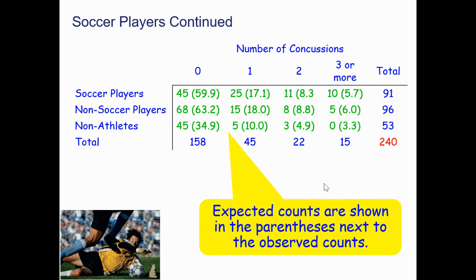Okay, so we've calculated expected counts. I'm going to save us some time. Last period I had us all calculate these, but I'm going to save us some time and not make us calculate all the expected counts.